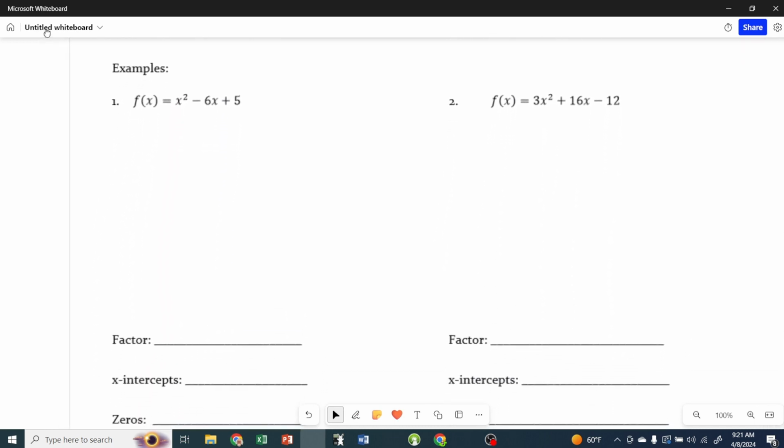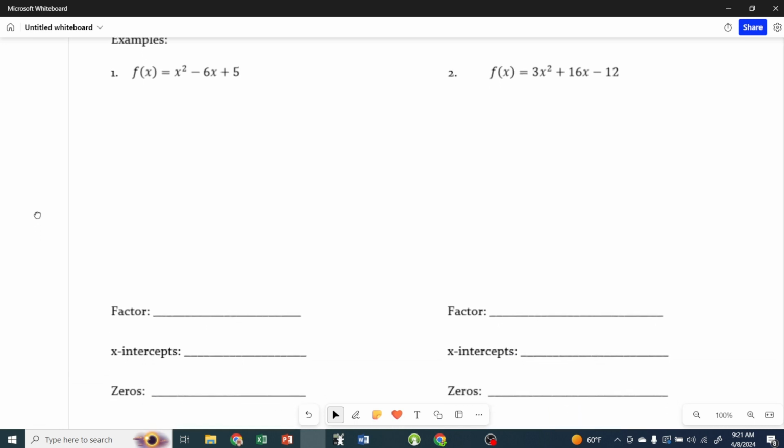All right. So let's look at some more examples. x squared minus 6x plus 5. Okay. So if you remember, when we go to factor this, we have clues here.